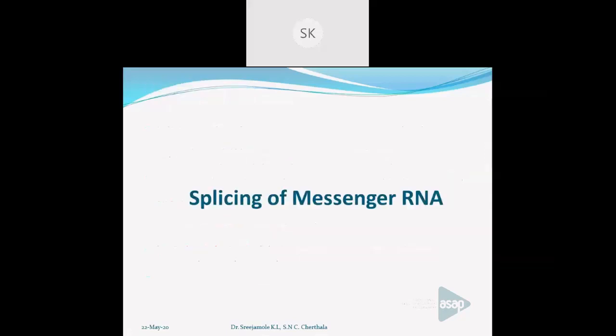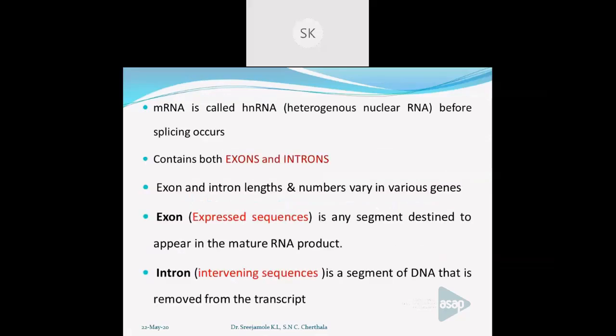Then coming to the splicing of messenger RNA. This is the final and third step of RNA processing, that is the splicing of the mRNA. As we know, the heterogeneous nuclear RNA, which is a bulk RNA, contains both exons and introns.